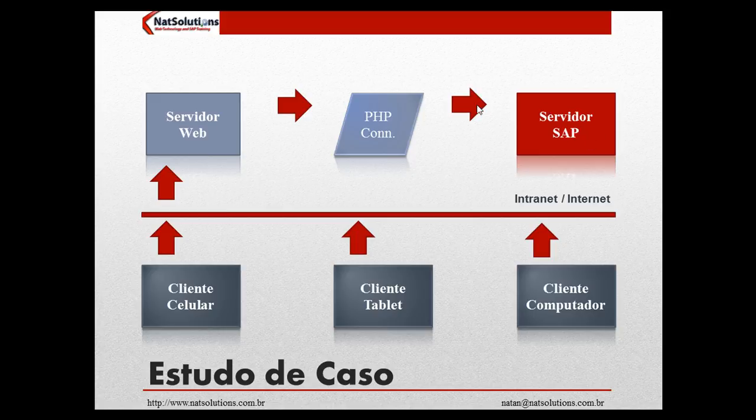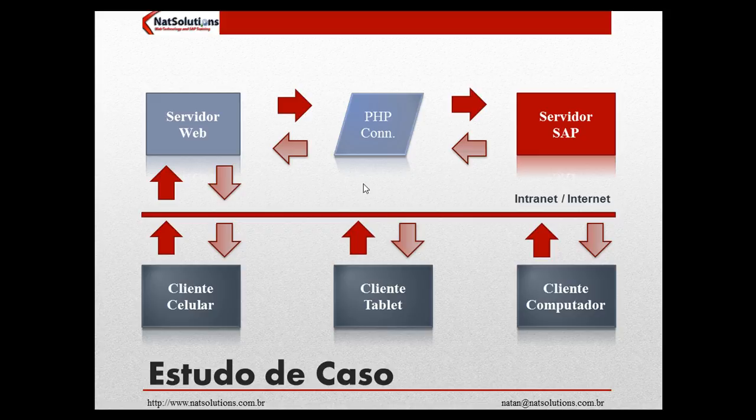The SAP server receives a function call with the parameter Brazil, does the search inside the tables in SAP, and provides an answer. This answer comes back to the connector, goes to the web server, and the web server presents the results of the query on the client's screen. That's the flow of the data.